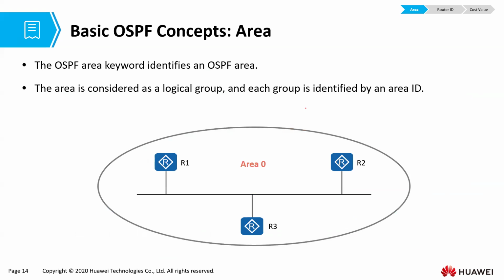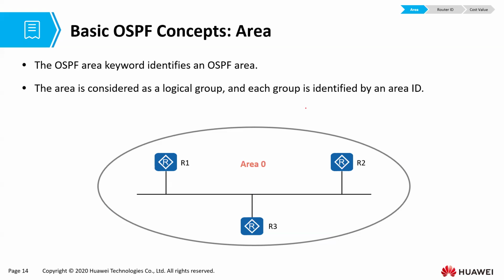Basic concepts: area, the OSPF area. I think I've already defined this one. What defines an area? The area is considered a logical group, and each group is identified by an area ID.